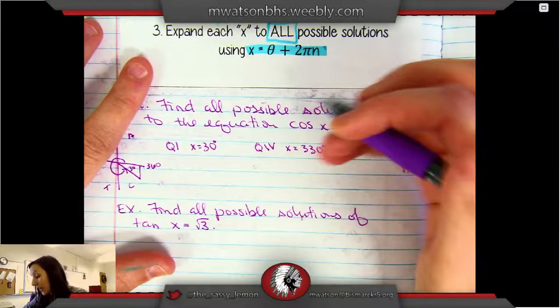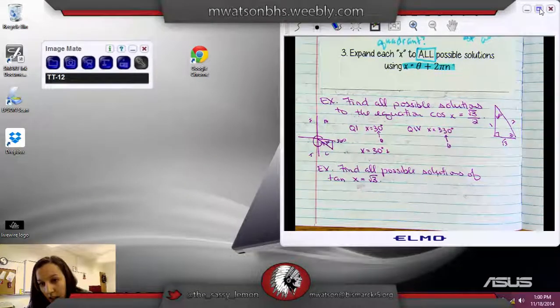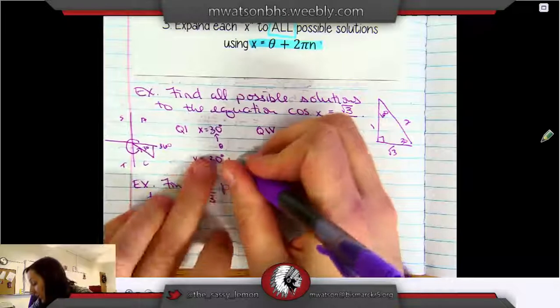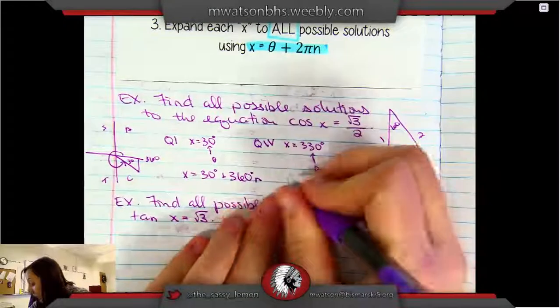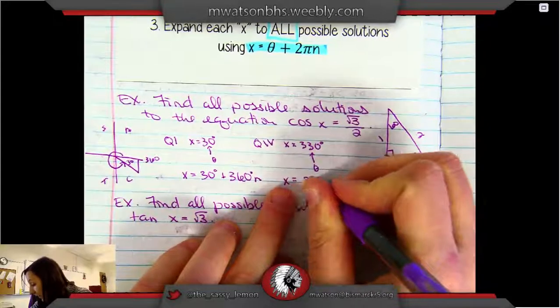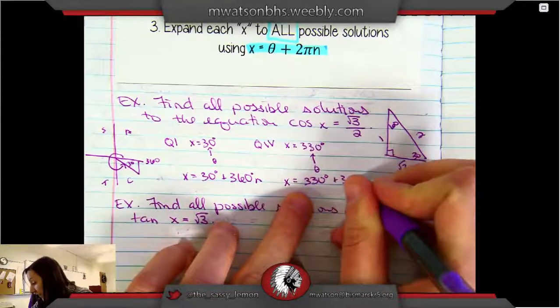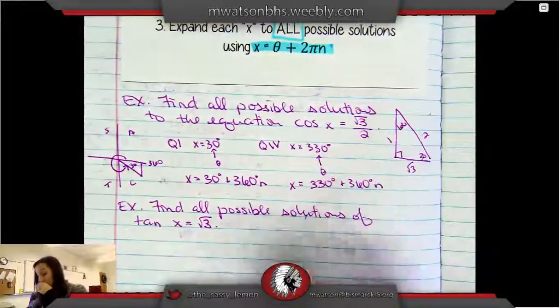So it would be x equals 30 degrees plus, and since this answer is in degrees, we're actually going to put 360 degrees times n. And for this one, we're going to put x equals 330 plus 360 degrees times n.